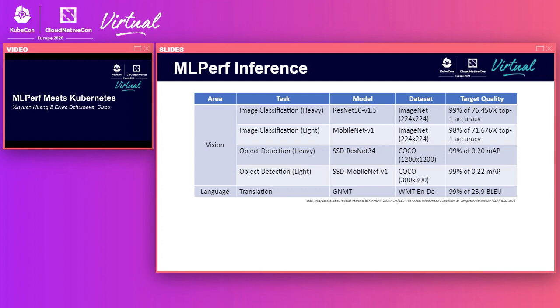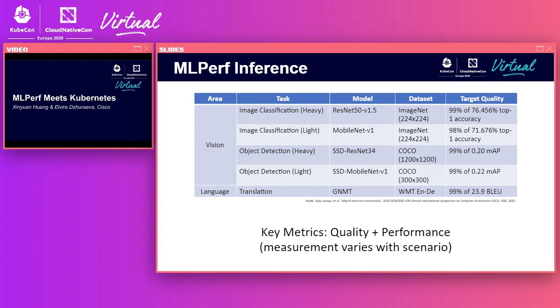Similar to training, MLPerf inference tries to design a realistic set of metrics for performance measurement. The overall idea here is to use both quality and performance for the measurement, so that you do not over-compromise quality of service to achieve a marginal improvement in performance, and vice versa.